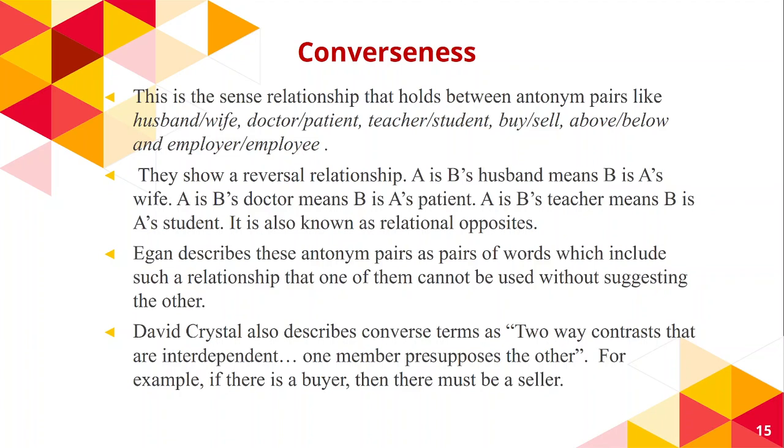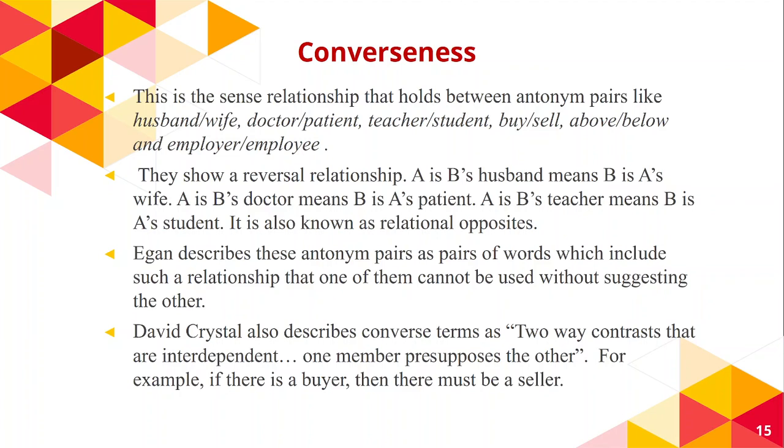This is the sense relationship which exists in pairs like husband and wife, doctor and patient, teacher and student, buy versus sell, above versus below, employer versus employee. So all these pairs show a reversible relationship.